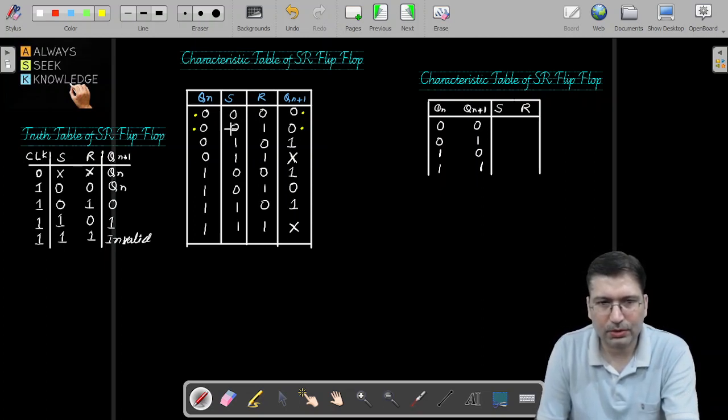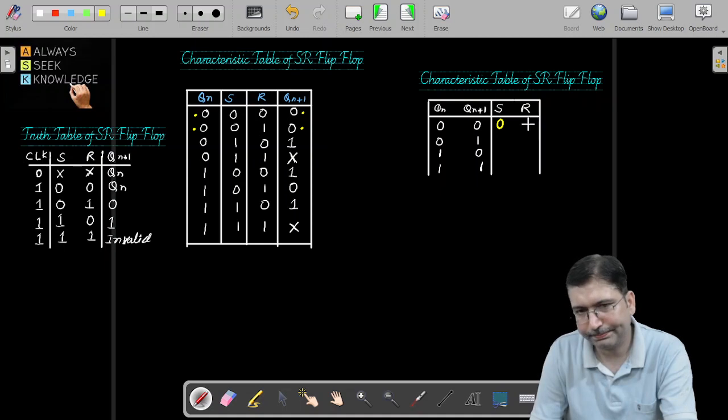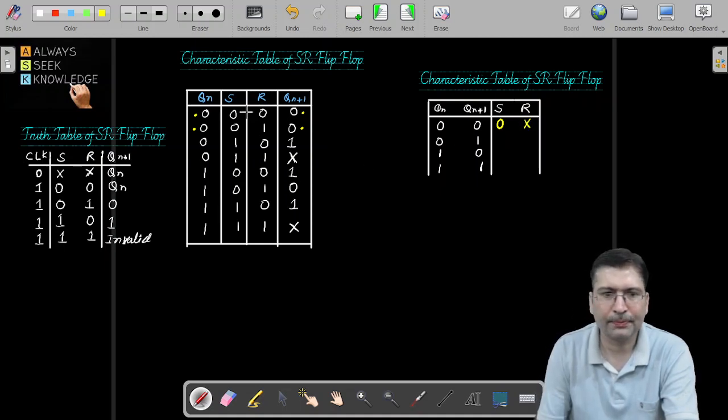S is getting value 0 only. So S will get 0 and R is getting either 0 or 1. So R will become don't care, because R is getting both the values 0 and 1 in different situations. So R is don't care. I hope you are getting it.